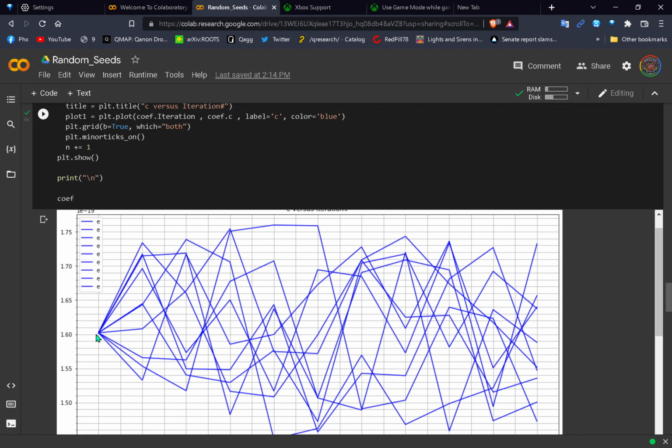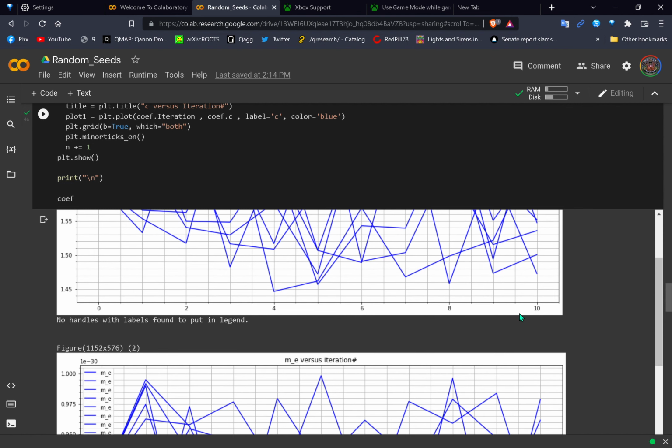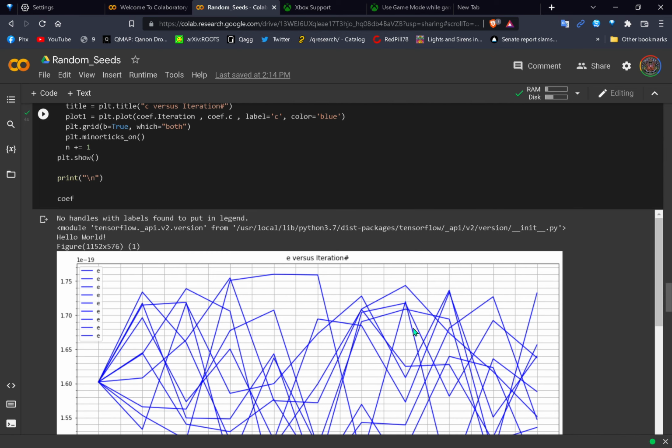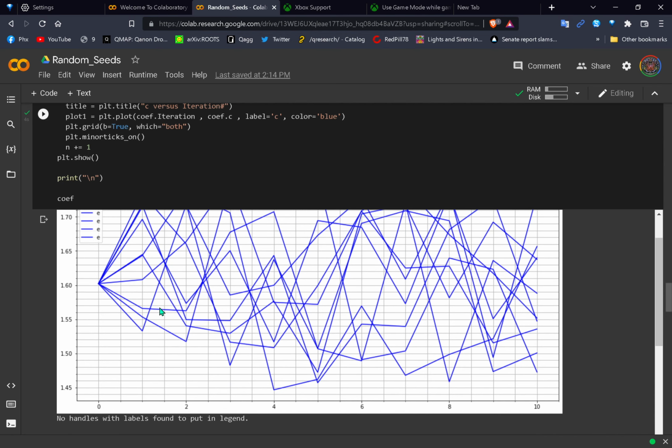Anyways, they all start at the same value, and then they vary by a random percentage each step. It's always a plus and minus 10% around the mean, and I do it with each one. So the charge of the electron is 1.602 times 10 to the minus 19th.